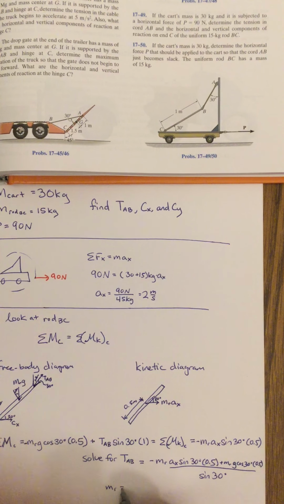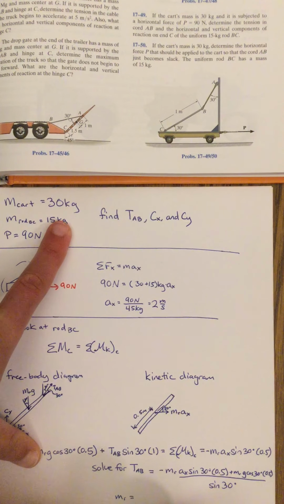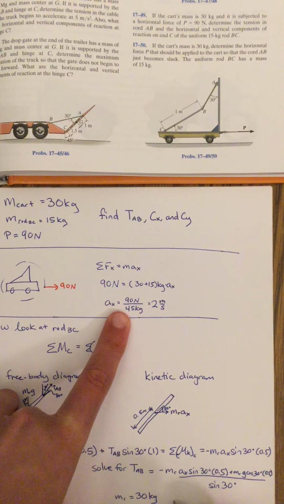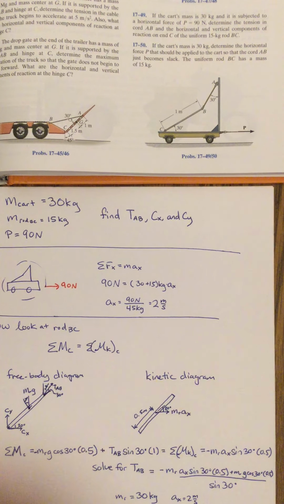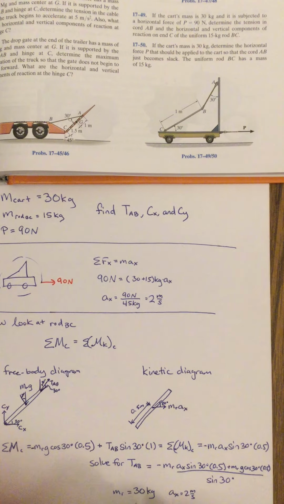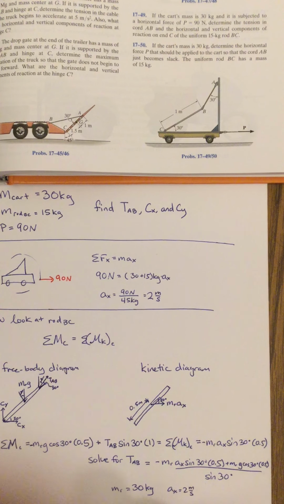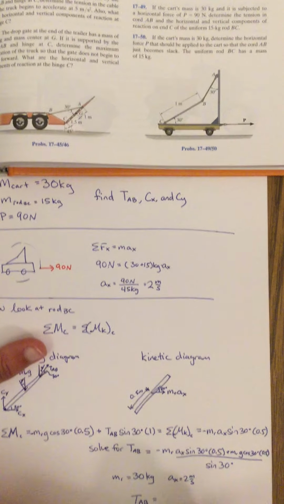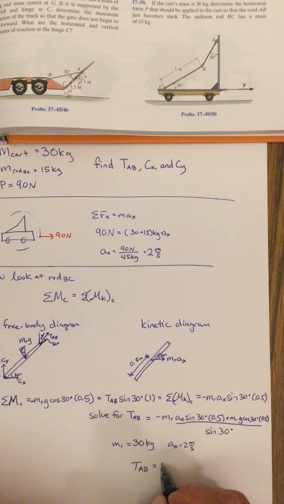The mass of the rod they gave us was 30 kilograms. And the acceleration we found here was 2 meters per second squared. And so you can put everything in and solve, and you should get the tension is 112.4 newtons.